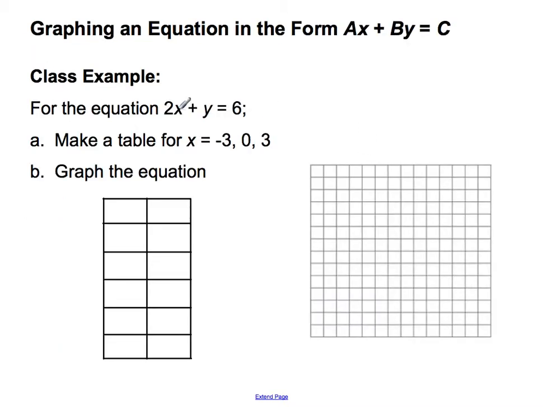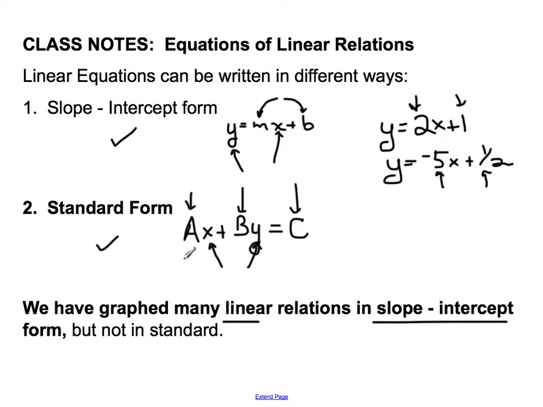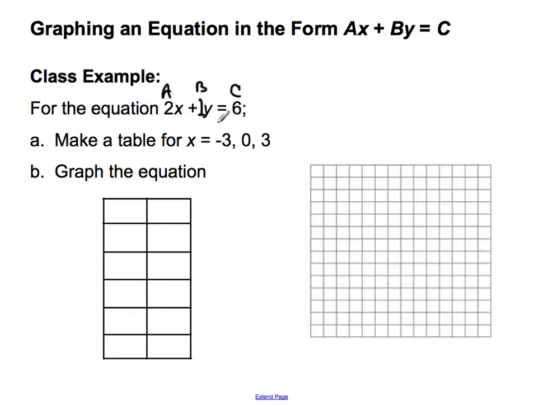Notice here that my big A is 2. Remember, my invisible number is 1, so my B is 1, and my C is 6. Going back to Ax plus By equals C, I now have a line.